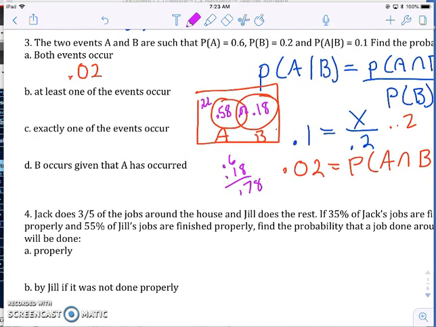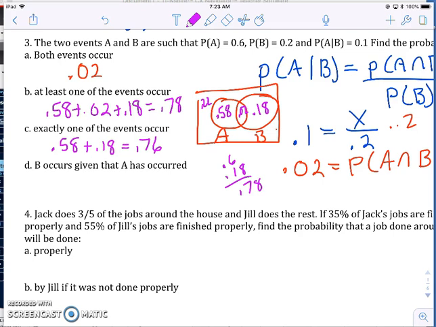So at least one of the events occurs: 0.58 plus 0.02 plus 0.18, so we have 0.78. Exactly one occurs, so 0.58 plus 0.18, so that is 0.76.